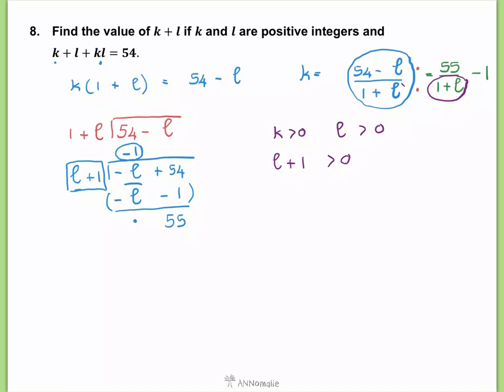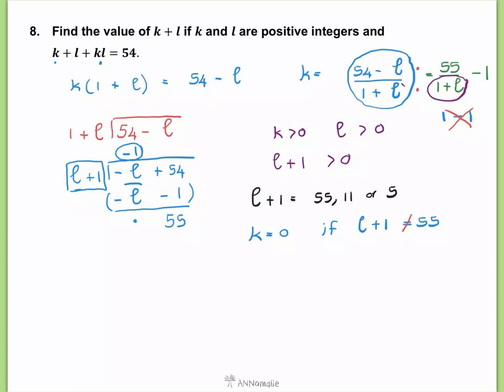So l plus 1 could potentially be 55, 11, or 5. If l plus 1 equals 55, that will result in k equal to 0, which is a contradiction. So l plus 1 cannot equal 55.